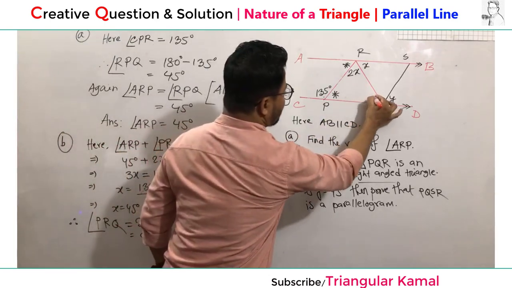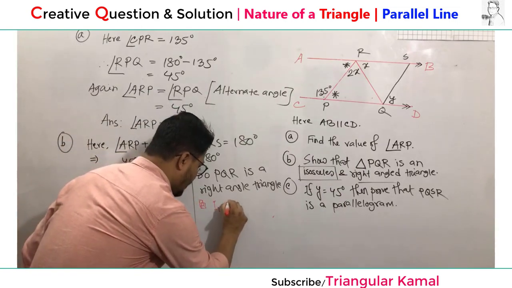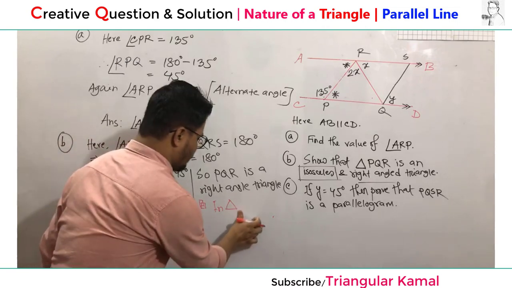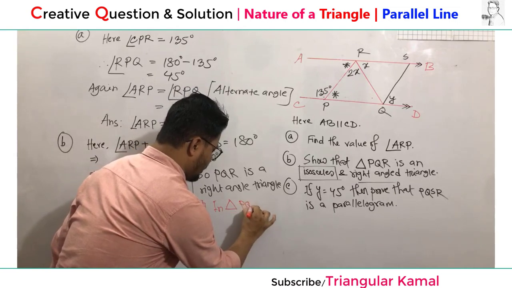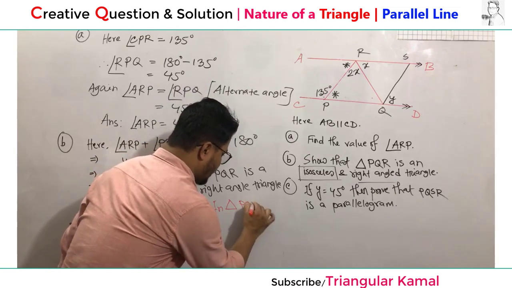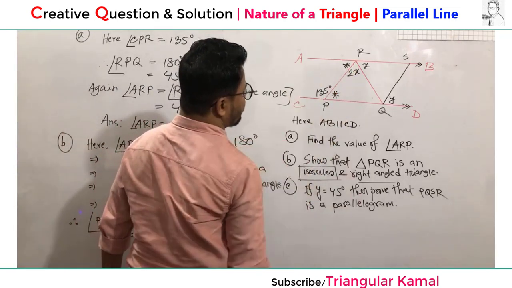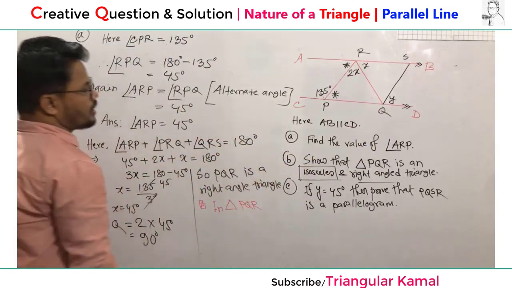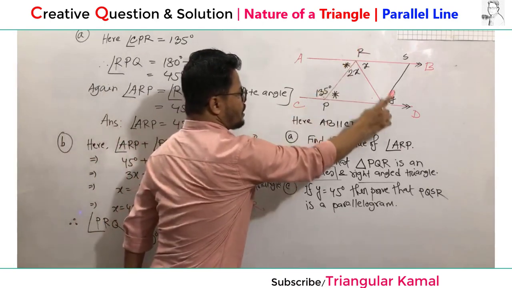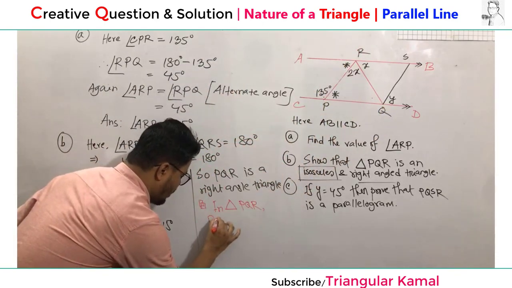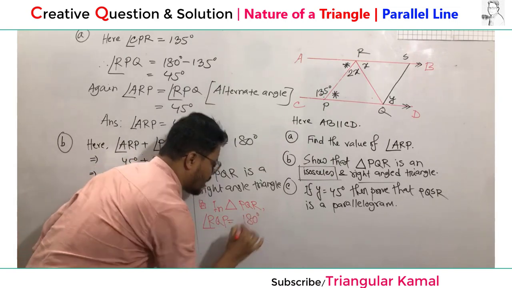Now let me review this angle here. In triangle PQR, what we see here, this angle is 90 degrees, this angle is 45 degrees, and definitely the remaining angle RQP will be... the sum of three angles is 180 degrees.